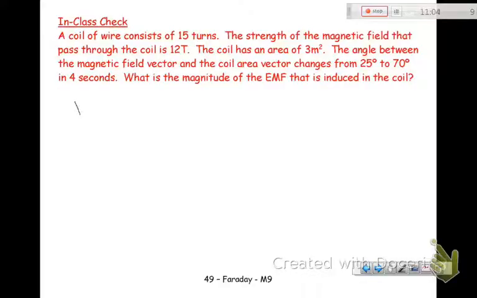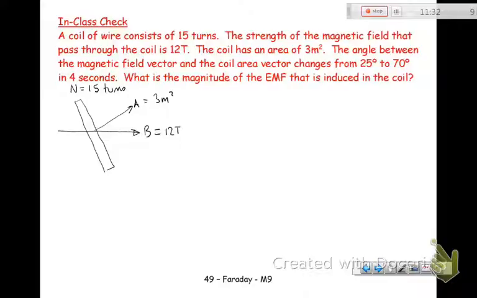So I'm going to draw it a bit more carefully. I'm looking from the side, and here's my B, and I have my area vector at A. And I know my N is equal to 15 turns. I know my B is equal to 12 Tesla. And I know my A is equal to 3 square meters.